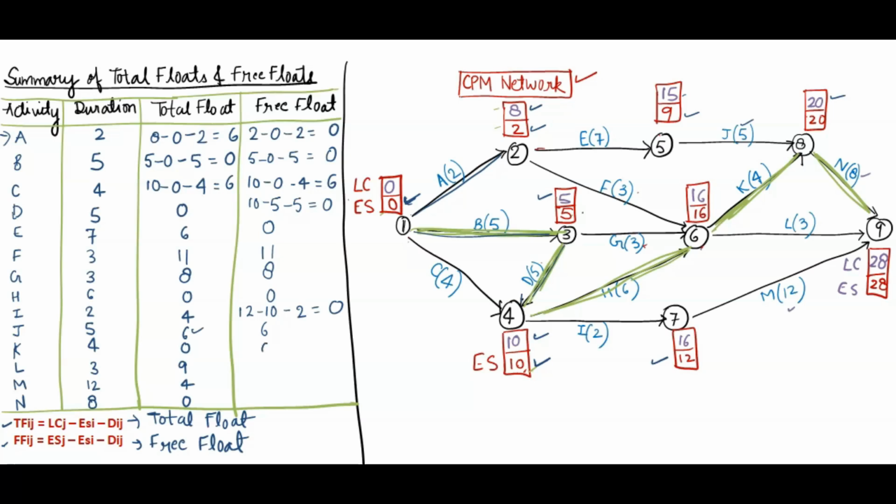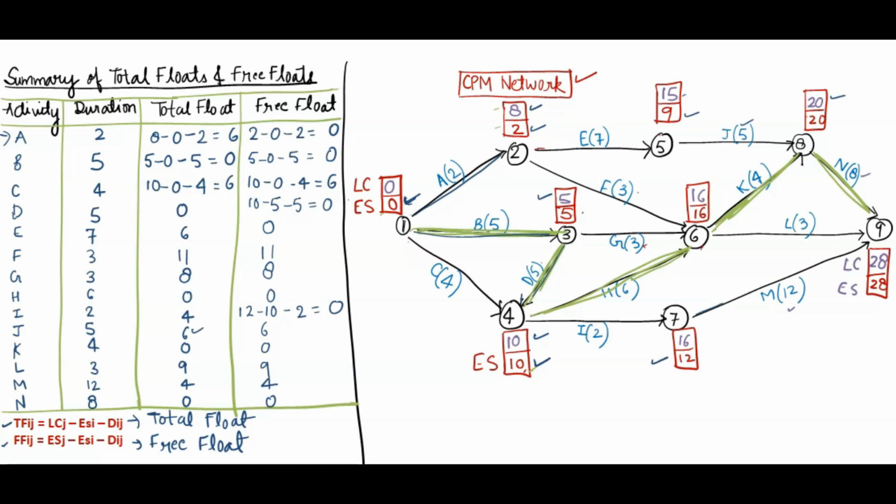K 0. L we will get 9. M activity, it is going from 7 to 8. So for M activity ES 28 minus ES 12. 28 minus 12 minus duration, which is also 12. So we will get 4 here, right? And for last N activity we will get 0.